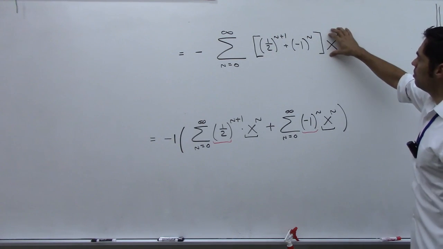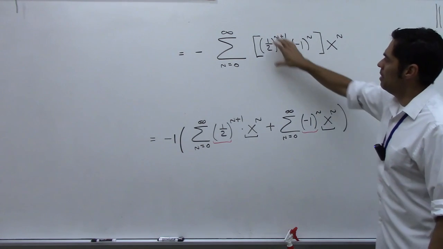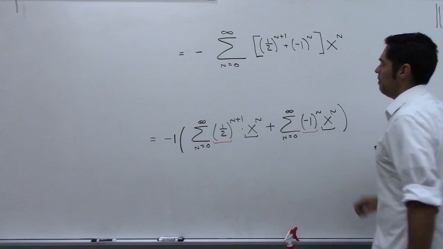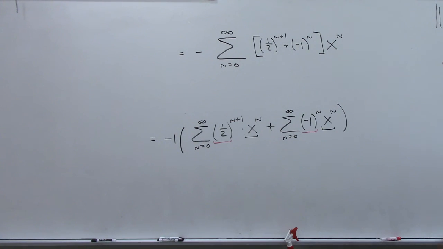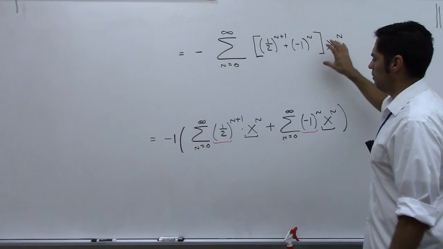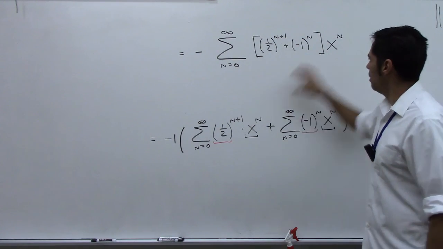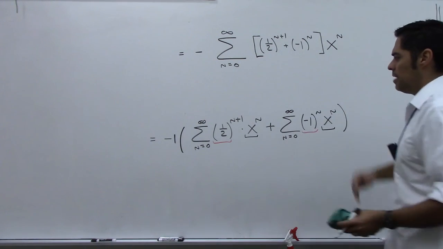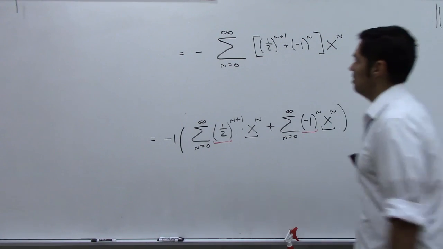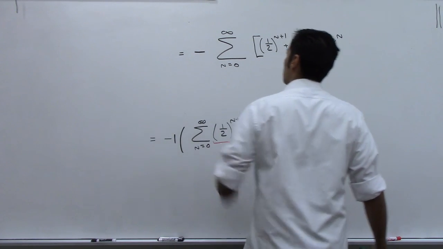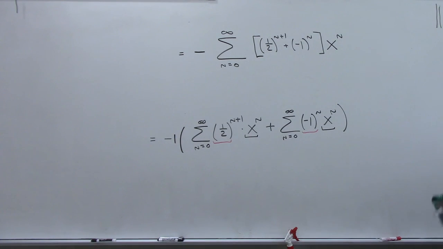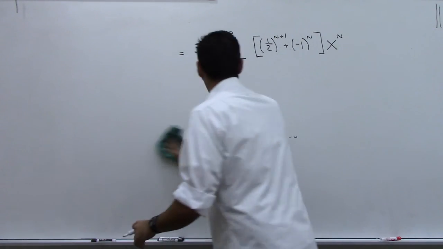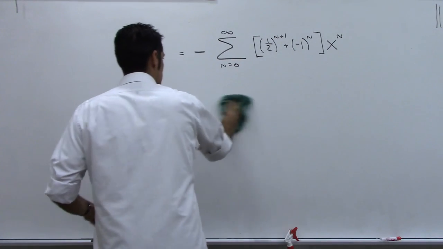So if I were to distribute this here and here, then I could break it up into two different sums and it would become this. So if I go from here to here, I get this. Here to here, I get this. And so I break it into two sums and that's what I get. So this is it. This is good enough. Now that might look a little bit different than the book, but that's good right there. The whole idea is to try and get it into one sum, which I did.